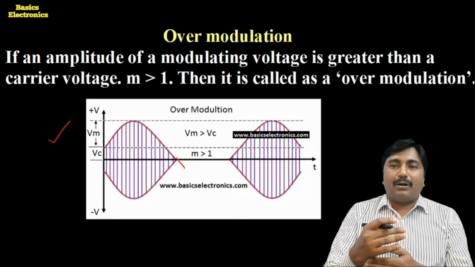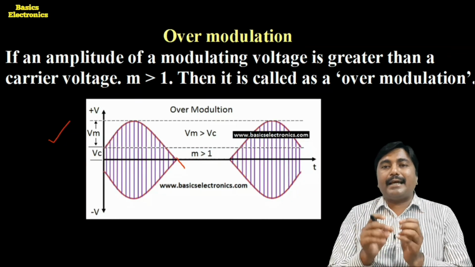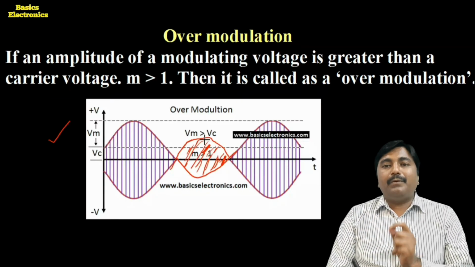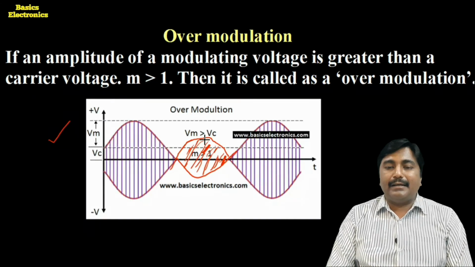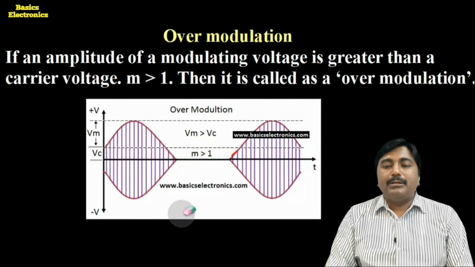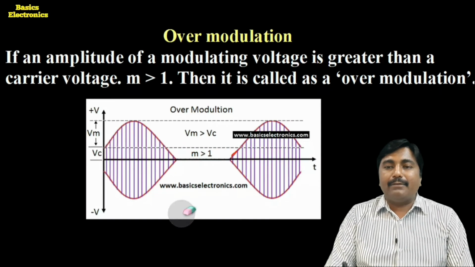The signal is stronger and has sufficient power at the output side. But one thing is that there is a distorted signal at the output of the modulated wave. Therefore over modulation is undesired. We do not need to do over modulation.